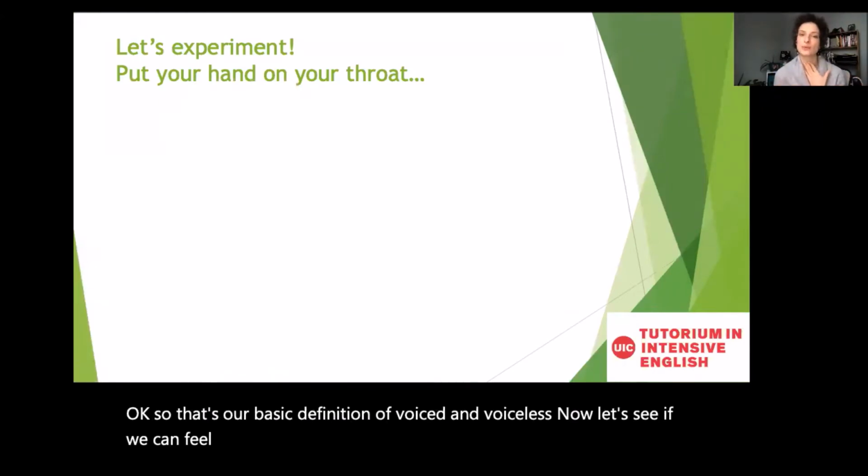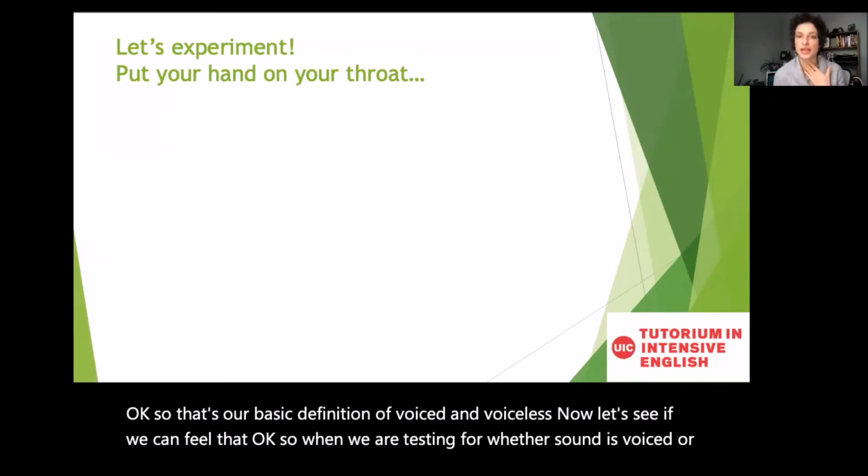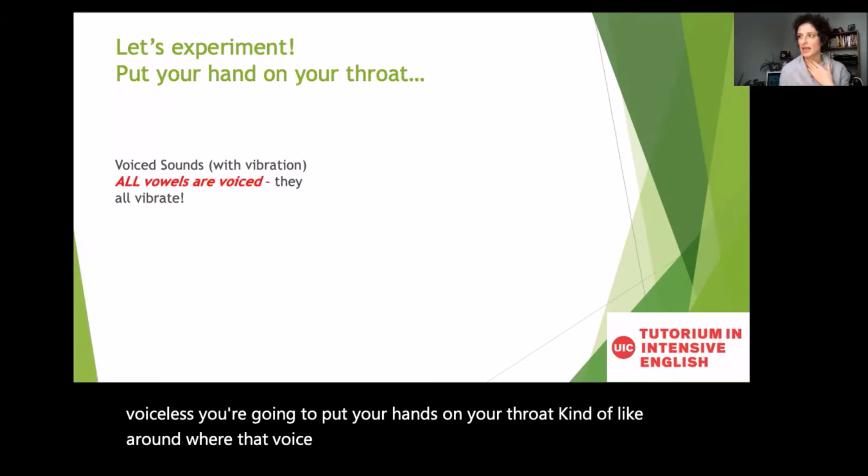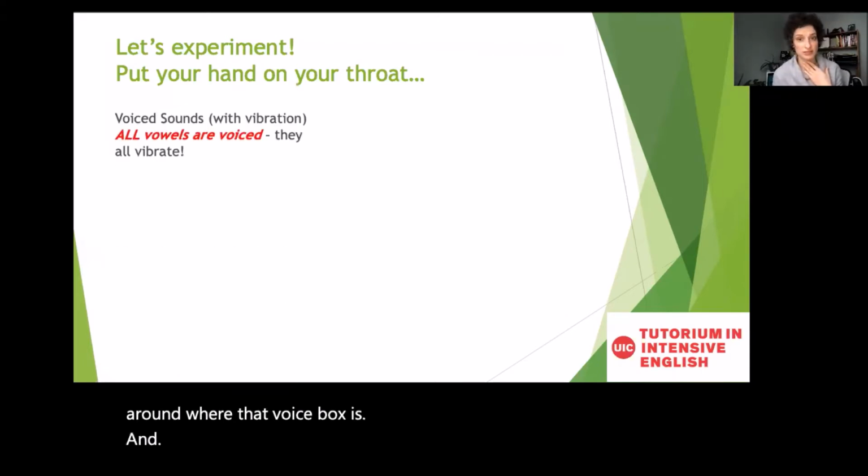Okay, so when we are testing for whether a sound is voiced or voiceless, you're going to put your hands on your throat, kind of like around where your voice box is. And first thing I'll tell you is all vowels are voiced. Okay, so all vowels have vibration.